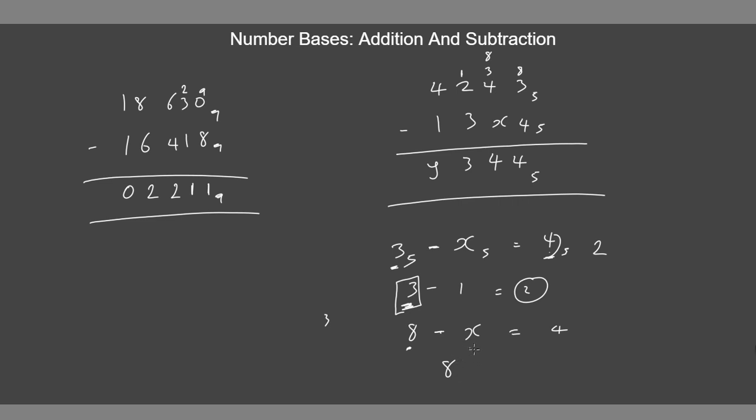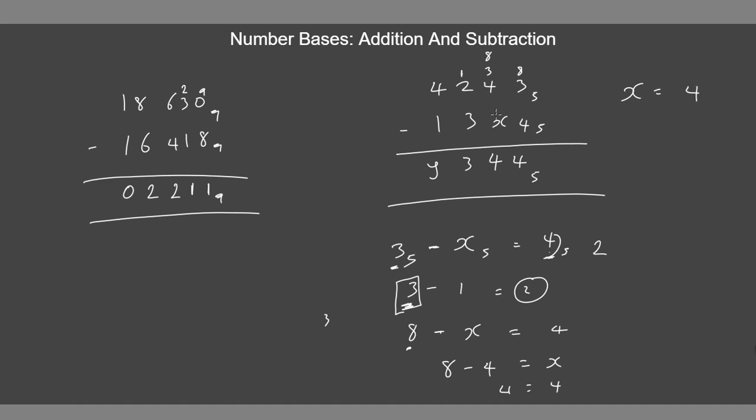If you make x the subject, you get that x is 4, basically. So x must be 4 for us to get 4 here, and it also implies that we must have borrowed 1 here.